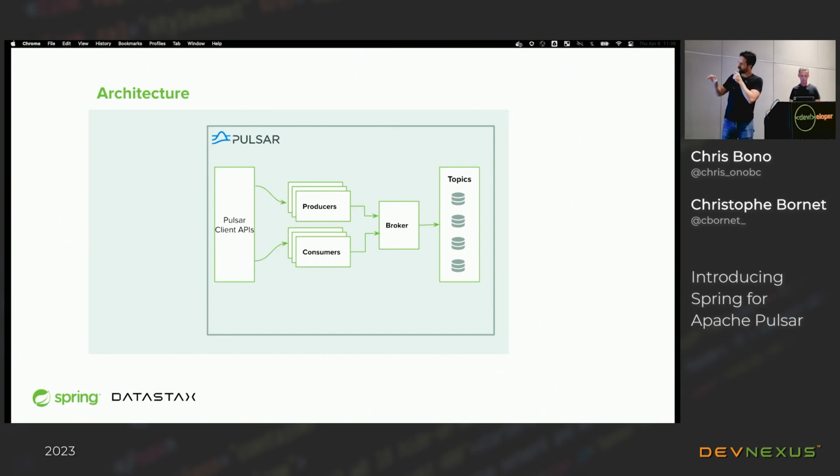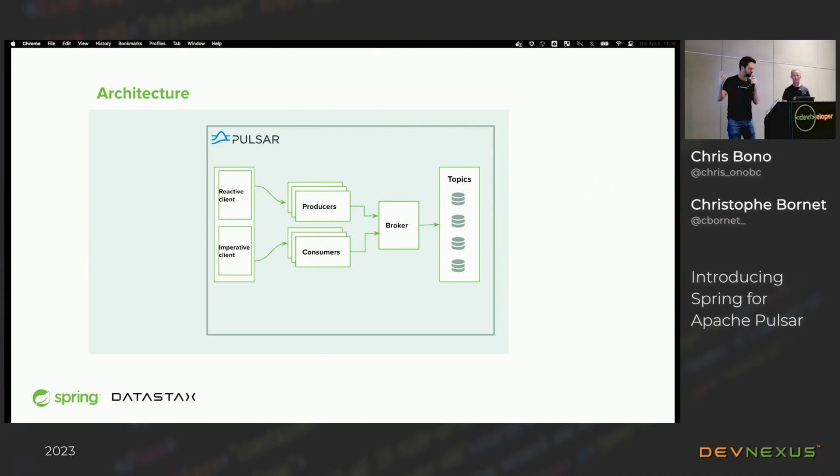So the topics are served by the brokers in Pulsar, and I talked about the producers and consumers. And to create these producers and consumers, there are existing APIs and clients for a variety of languages. And of course, the ones that are interesting for us today are the Java clients.